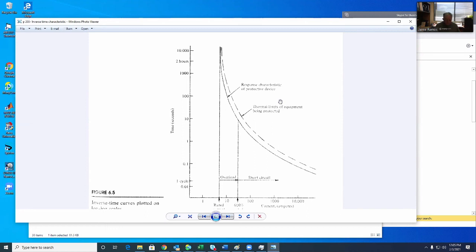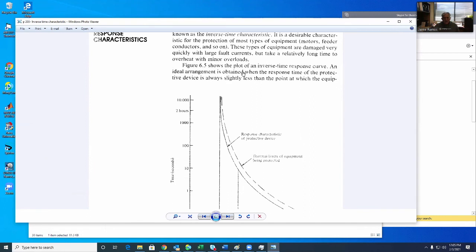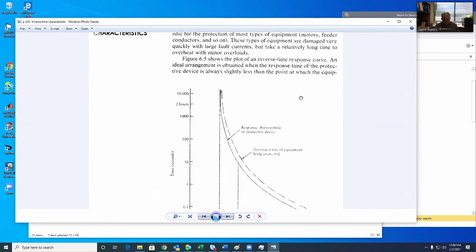An ideal arrangement is obtained when the response time of the protective device is always slightly less than the point at which the equipment is damaged.